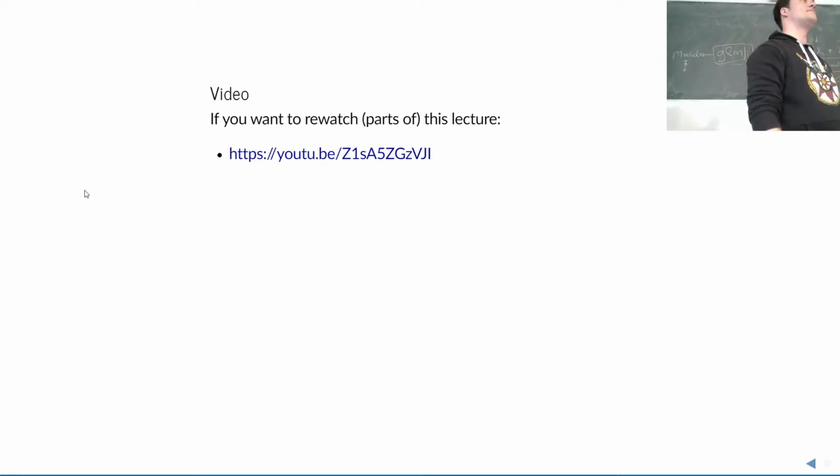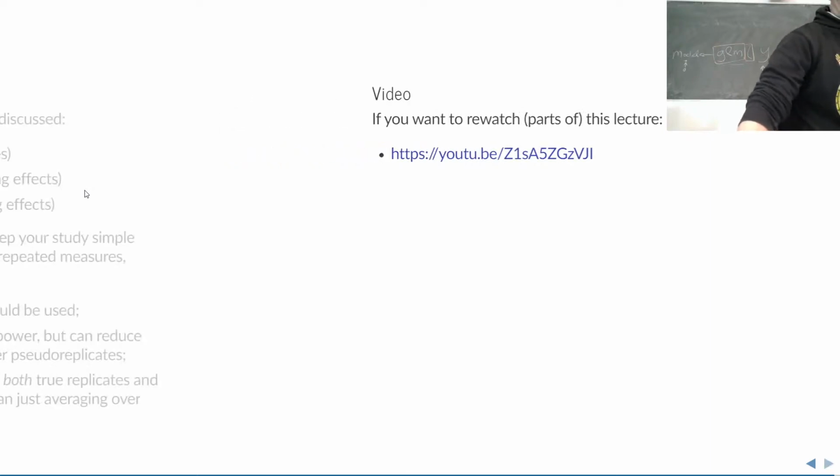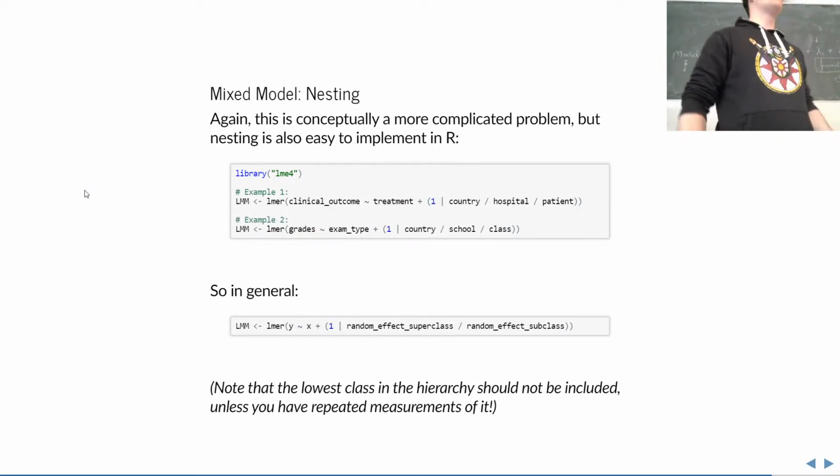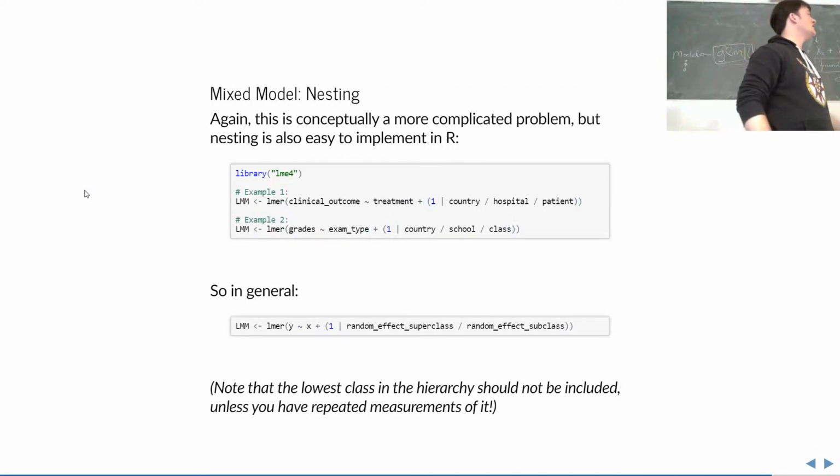Sorry, I measured a lot of what? In the nesting model, doesn't it use a lot of degrees of freedom? So your question is whether this costs more degrees of freedom? Yeah, so of course it costs more degrees of freedom than leaving it out.